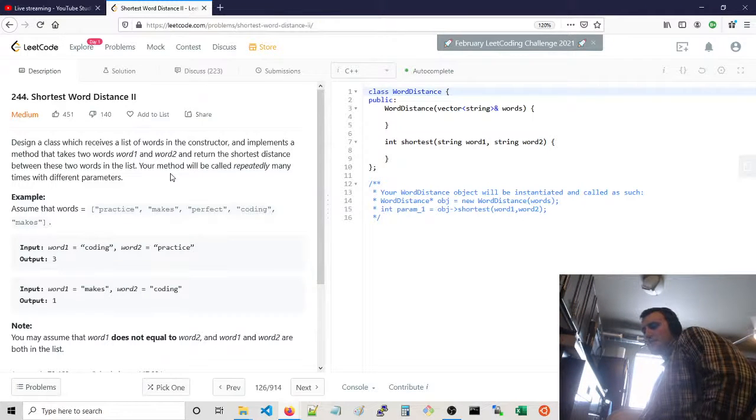So given the string, you take an unordered map of strings and map them to their indices, and then given those two words, you take the absolute value of the difference between their indices. And I believe that's all you need.